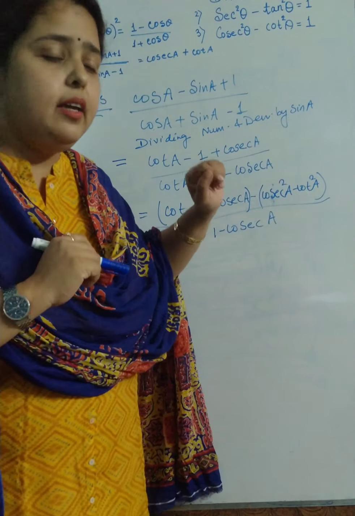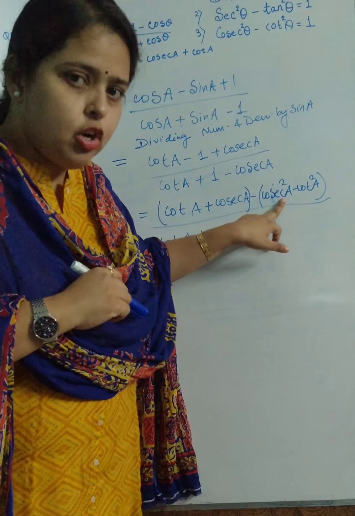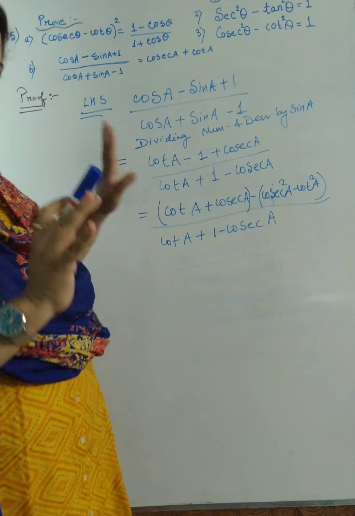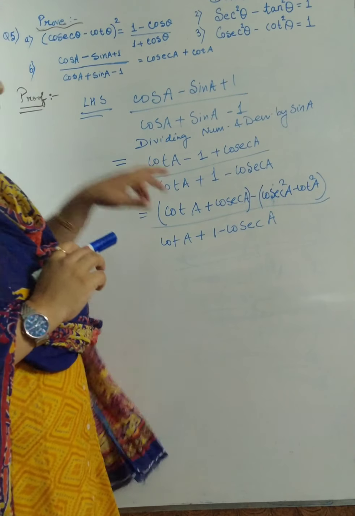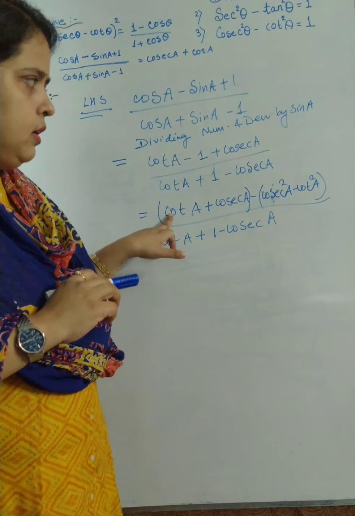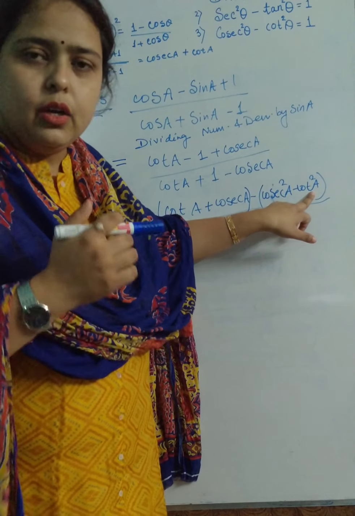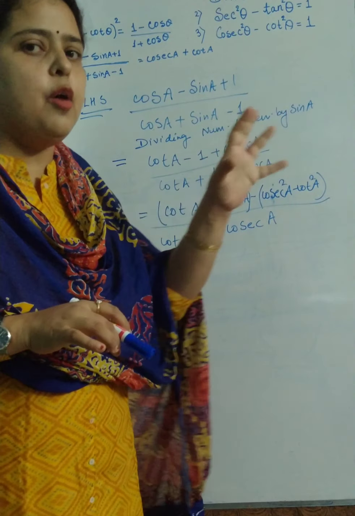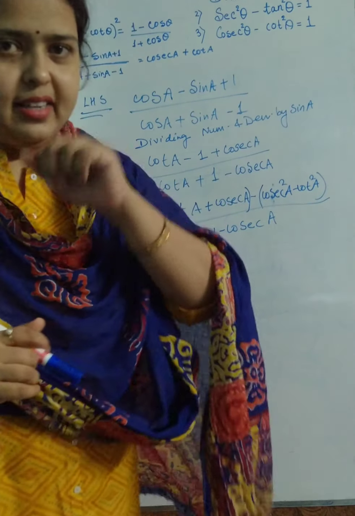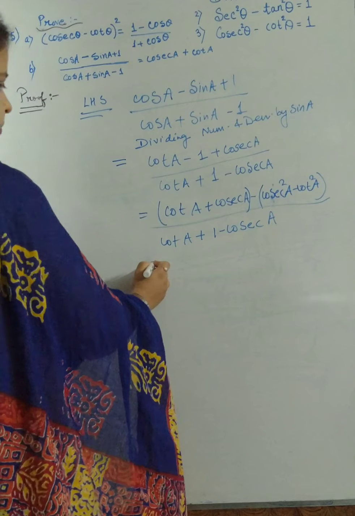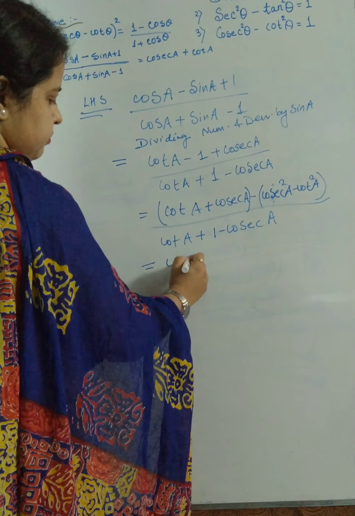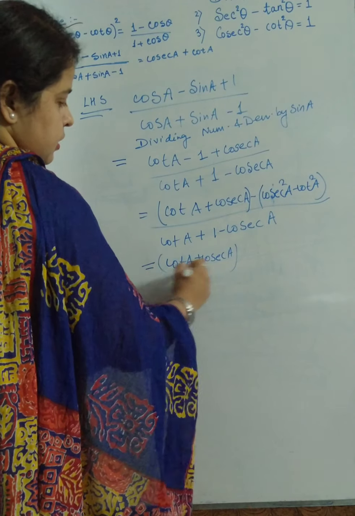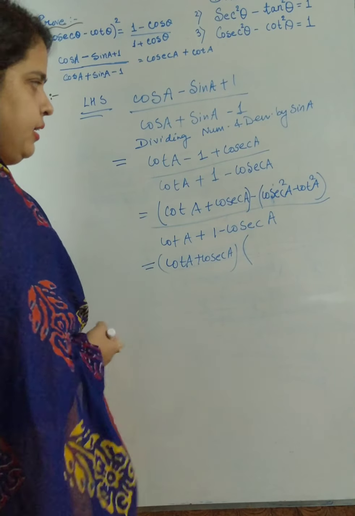Cosec A minus cot A, cosec A plus cot A. Okay, fine. Again, I'm going to get cosec A plus cot A. Then let's capture a common part from the numerator. I'm going to take out the common part and leave behind the rest.